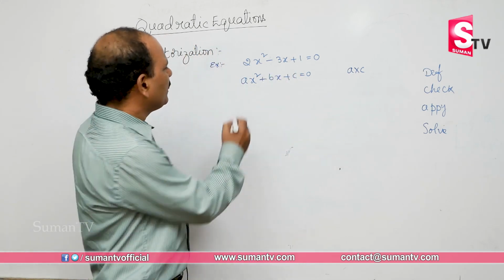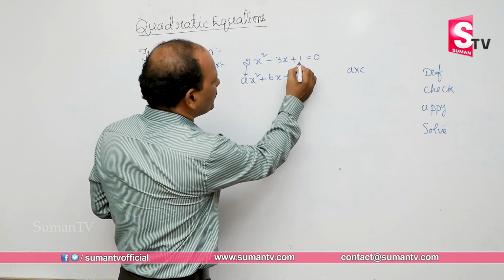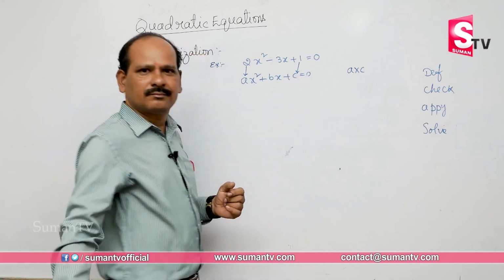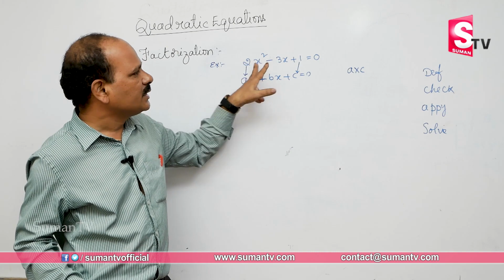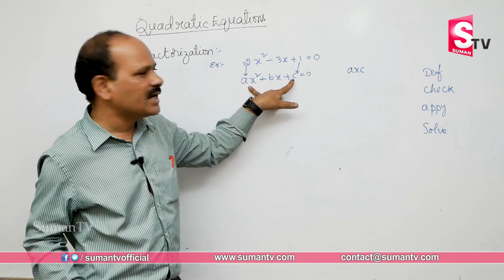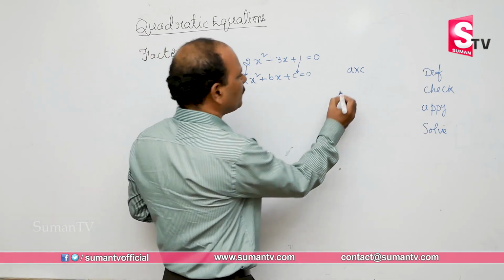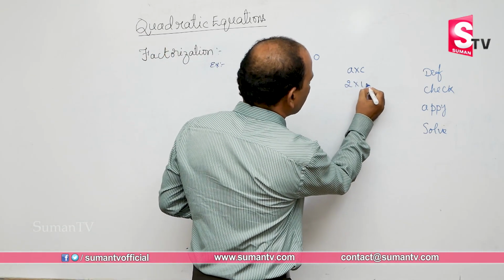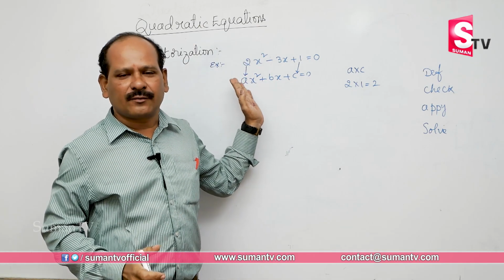In this example, a is 2, the constant is 1. In the first step I have to multiply 2 and 1, because a and c must be multiplied. The product of 2 and 1 is equal to 2.